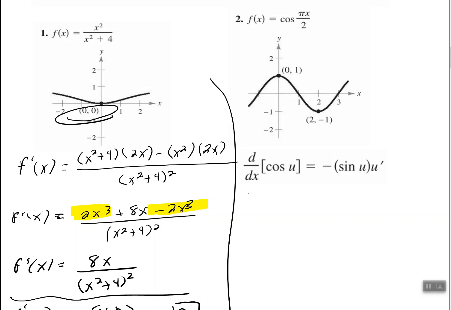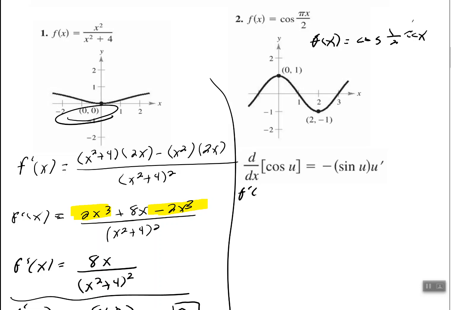So first of all, we probably want to rewrite that as f of x equals cosine of 1/2 pi times x. Okay, so the derivative of cosine of u is negative sine of u times u prime.